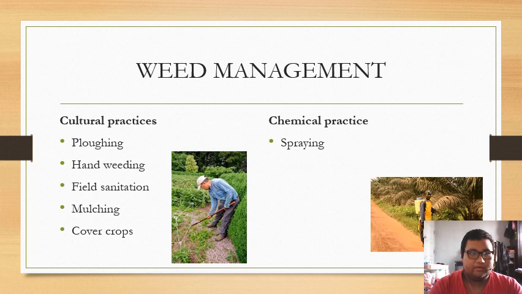For weed management, we have cultural practices, chemical practices, and biological practices. Cultural practices include plowing, hand weeding, field sanitation, mulching, and cover crops. Chemical practice is spraying using special types of chemicals that are suitable for certain types of weeds.